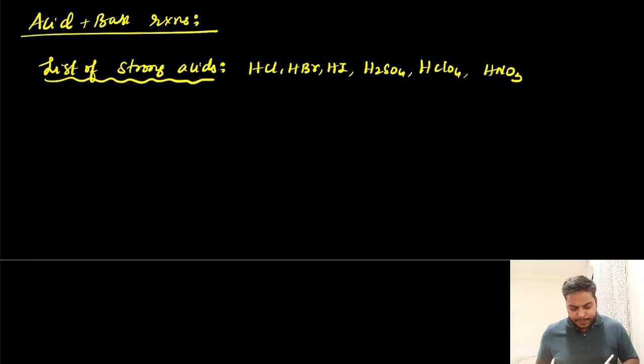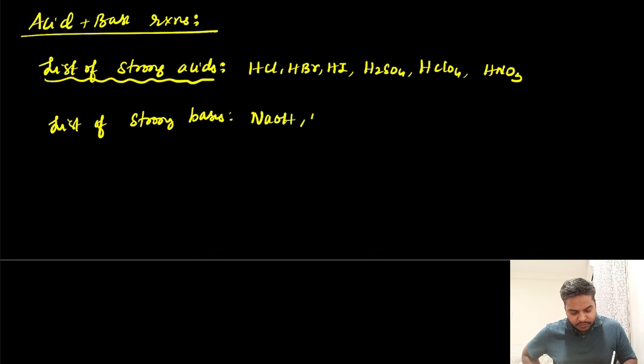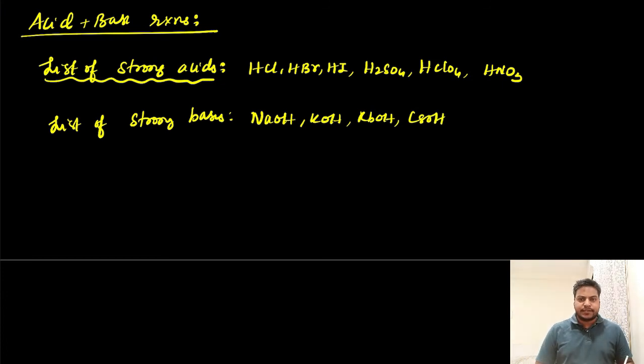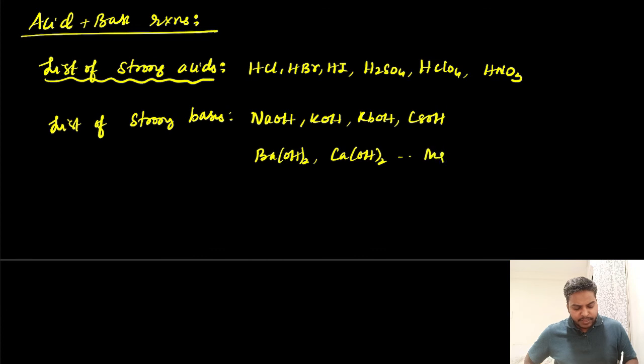Okay. Now, the list of strong bases that is there in every group. In Group 1 we have NaOH, KOH, RbOH, and CsOH. These are the list of strong bases. Not just that, we can have barium hydroxide, calcium hydroxide and some part of magnesium hydroxide.